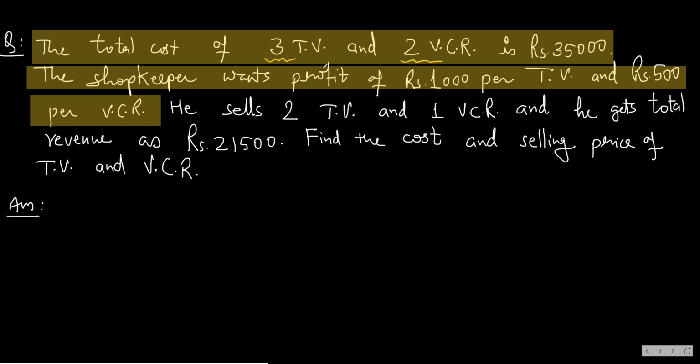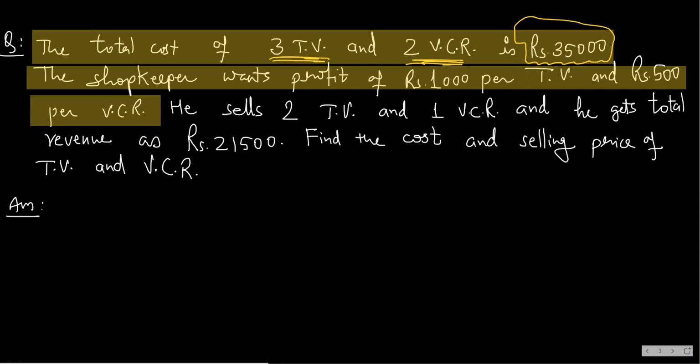Now, for getting the TV and VCR in one's shop, first you have to buy from the dealers. So that is the cost price. The shopkeeper is paying rupees 35,000 for 3 TV and 2 VCR.